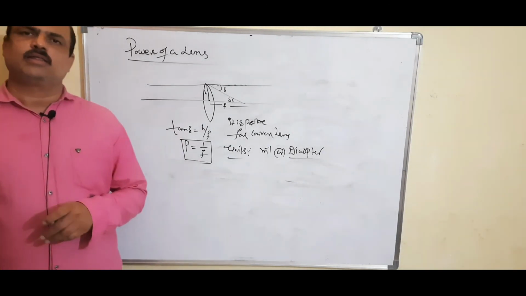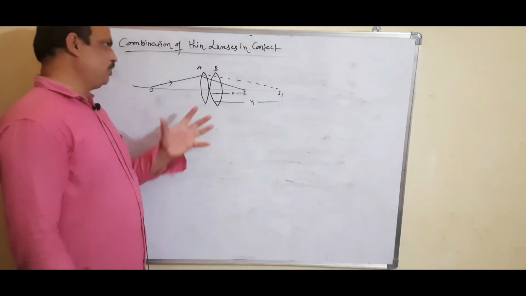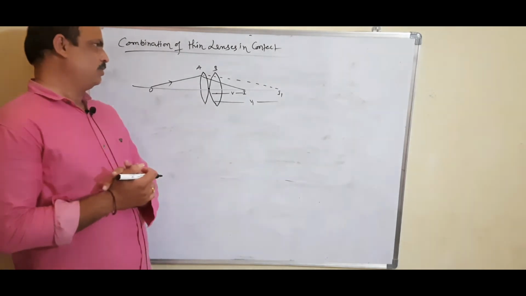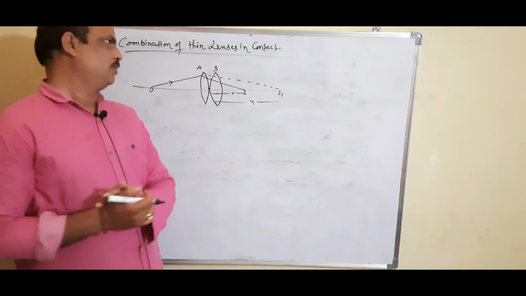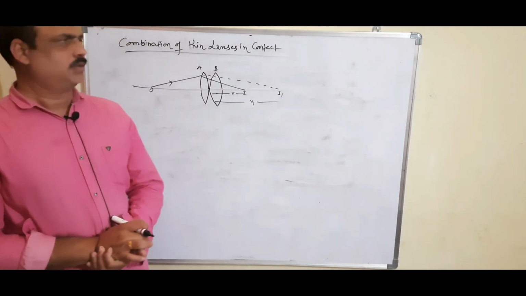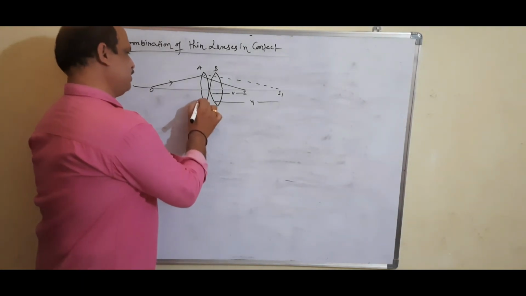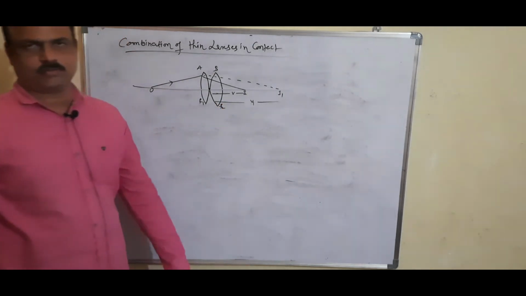Very, very important definition. Let us consider two thin lenses in contact with each other. Now we are going to find out effective focal length of these thin lenses in contact. The focal length of first lens A is f1. The focal length of second lens is f2.